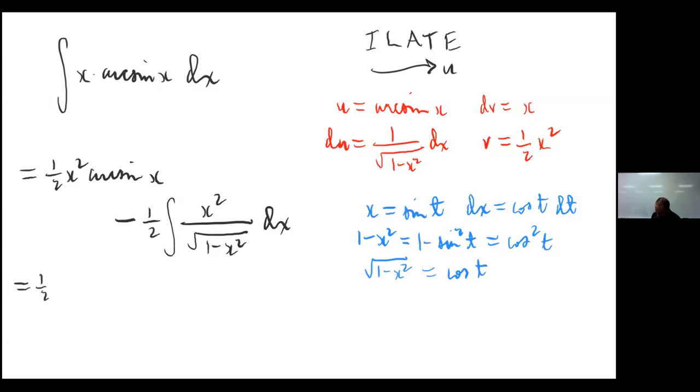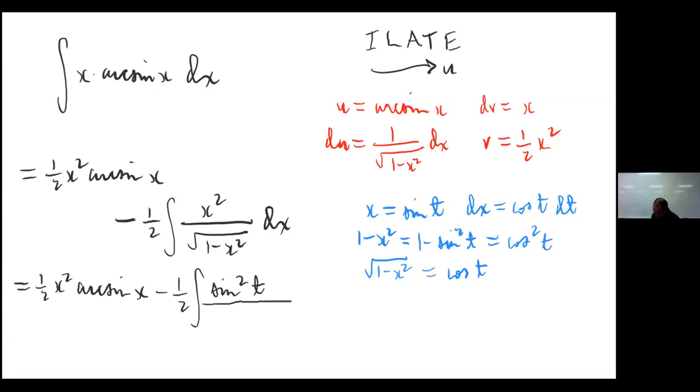Okay, going back over here. So this is 1/2 x squared arcsine of x minus 1/2 the integral of, okay, this is going to get interesting, x squared. What's x squared? Sine squared of t. And what is the square root of 1 minus x squared?